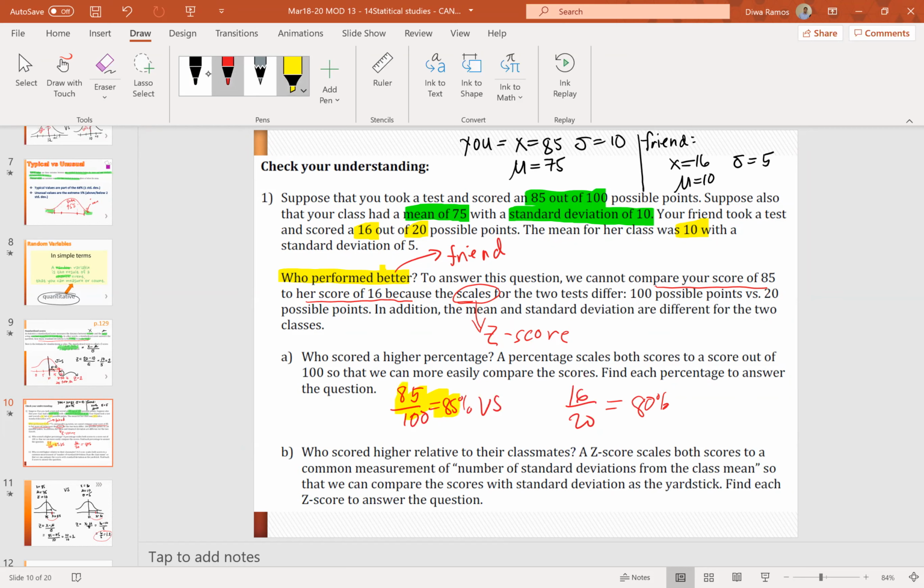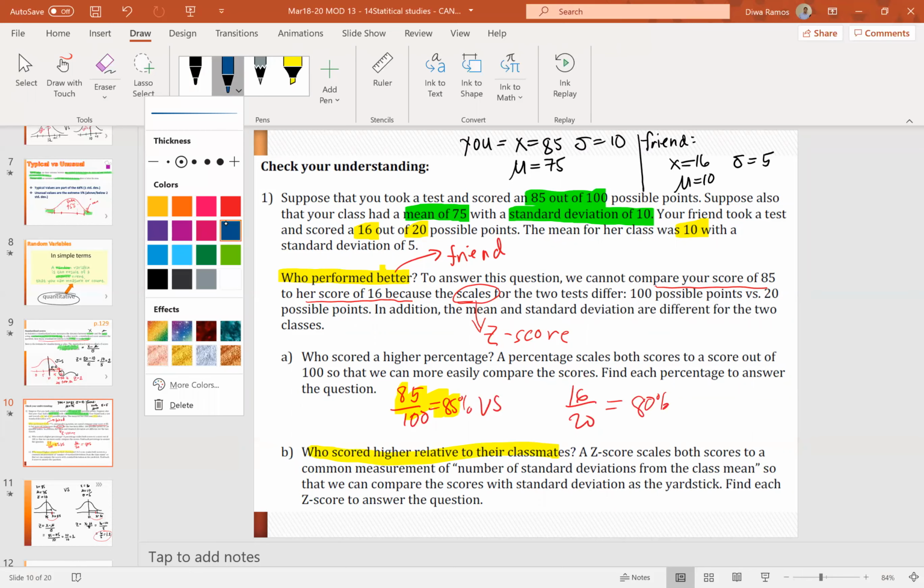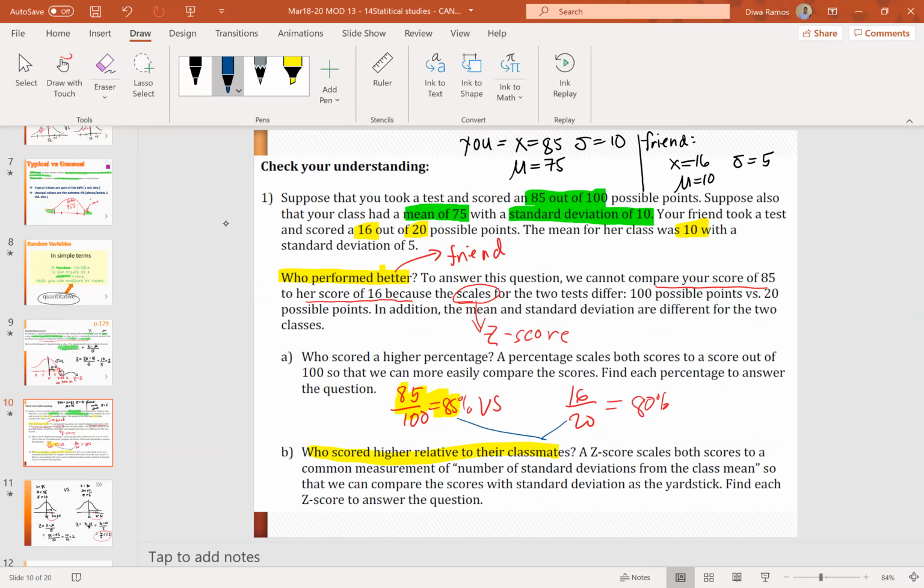But who performed better among their peers, between the two of them? We know it's the other one. Amongst them, the Z score of your friend is much higher. So we have a Z of 1 versus a Z of 1.2.